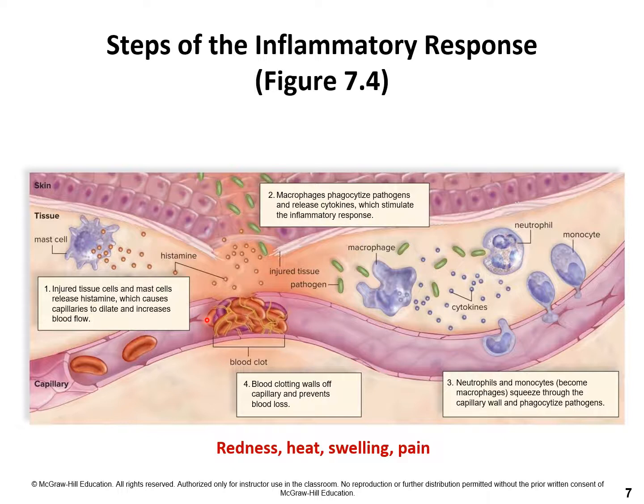And so the redness that is known in the inflammatory response is due to the increase in blood flow as well as the heat and swelling. So there's an increase in blood flow which causes the redness, the heat, and the swelling.